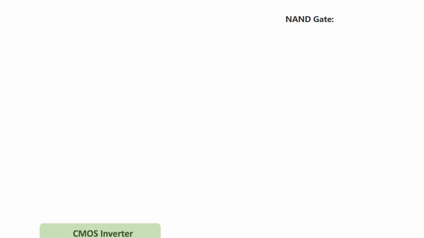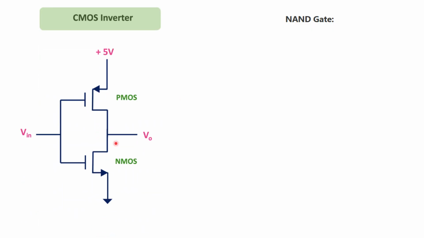Now let's take some more topics. So here is another topic, like how can we represent the inverter gate circuit. So here if you see, there is an AND gate, a NOR gate. The NOR gate you can design using the PMOS and NMOS circuit.